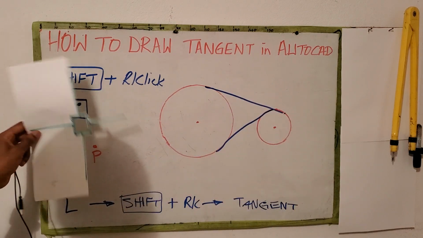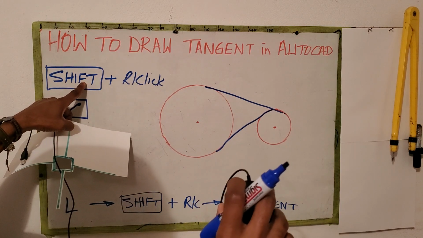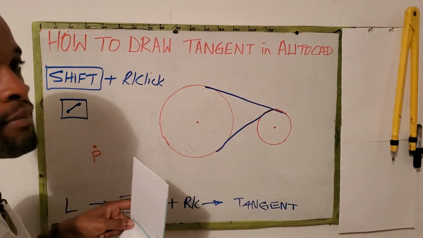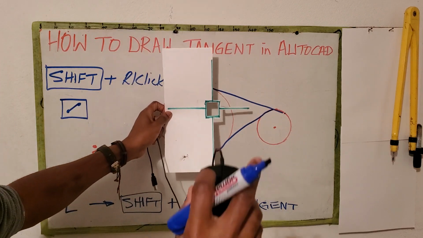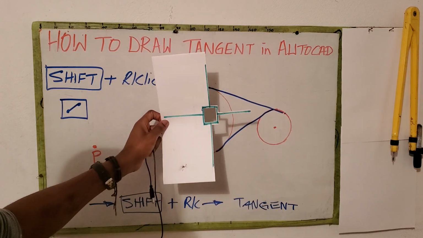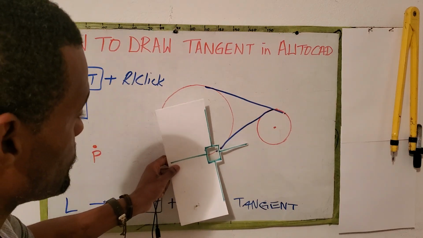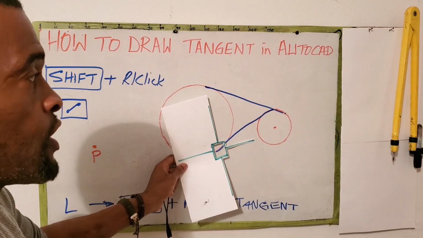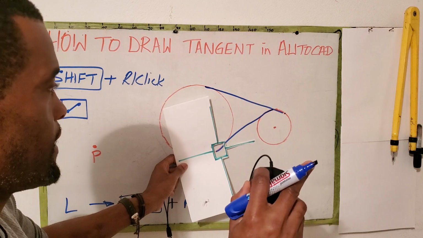So you're gonna, again, hold down the shift key with one hand, right click on the mouse to bring up a dialog box. Then go down to tangent, left click on tangent. Once you have done that, you're gonna go across to the circle and left click at an area where you assume the tangent to form, like here.